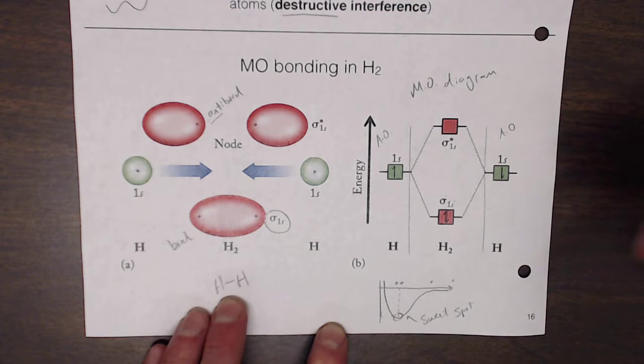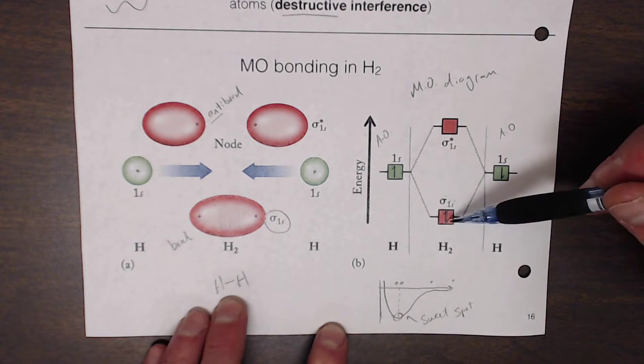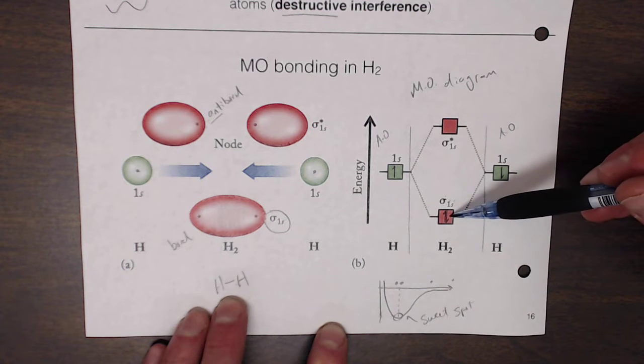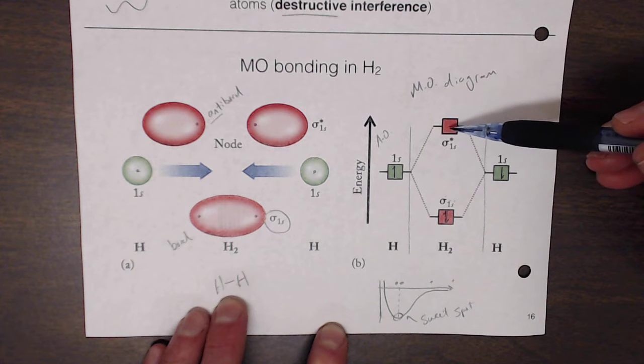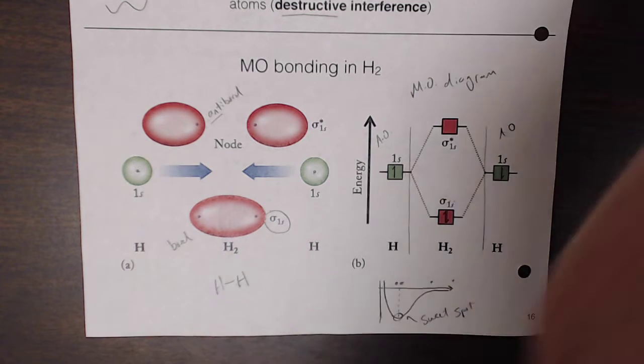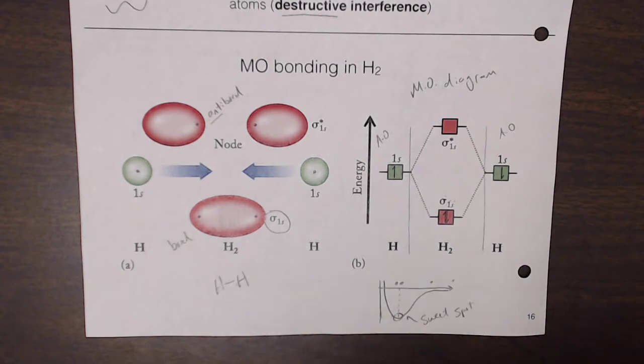Okay. But if, for example, we were to start adding electrons to this hydrogen molecule, if we were to make an ion out of it, we would end up populating those electrons into this upper level. Okay, so we'll go to that in a second. But for now, let's get a picture of what these molecular orbitals look like.